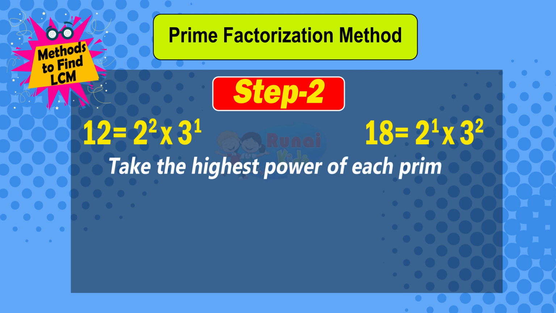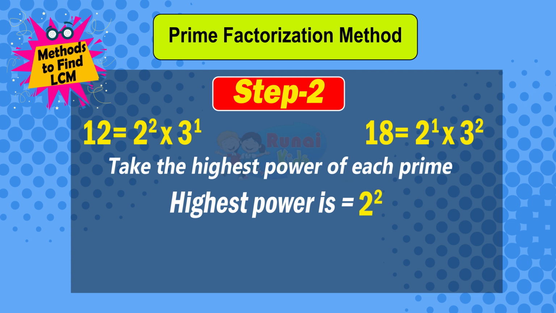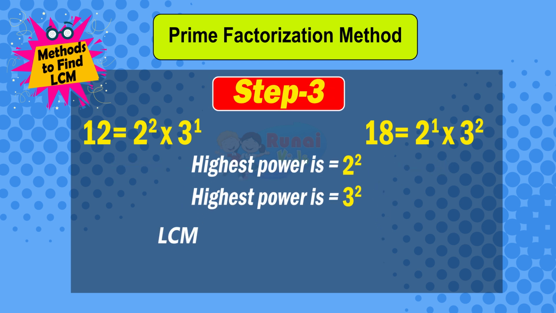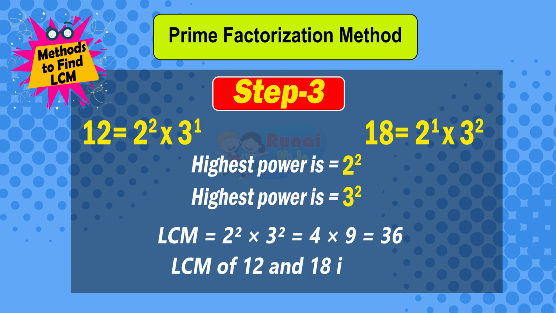Take the highest power of each prime. For 2, highest power is 2 to the power 2. For 3, highest power is 3 to the power 2. Step 3. So LCM equals 2 to the power 2 into 3 to the power 2 equals 4 into 9 equals 36. So the LCM of 12 and 18 is 36.